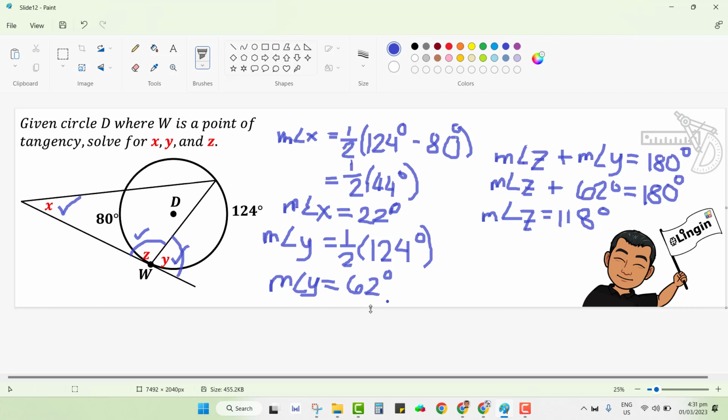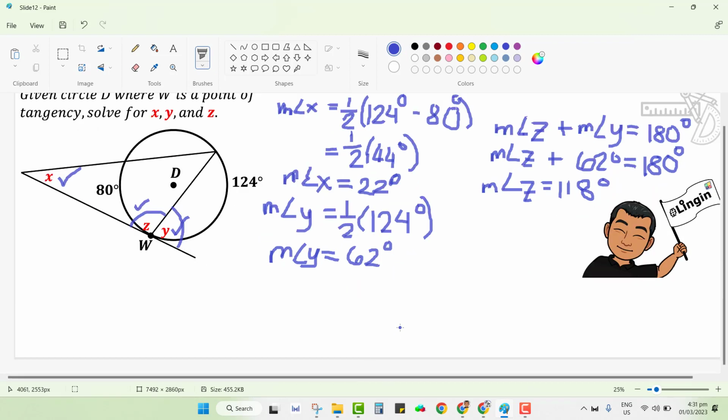But of course, you could also use the same concept that you used earlier in solving angle Y, for it is an angle formed by a chord and a tangent segment, and it has the same concept as an inscribed angle, half of the measurement of its intercepted arc. But the intercepted arc of angle Z is not complete, for we only have the measurement of 80 degrees, and we don't know the measurement of the remaining arc.